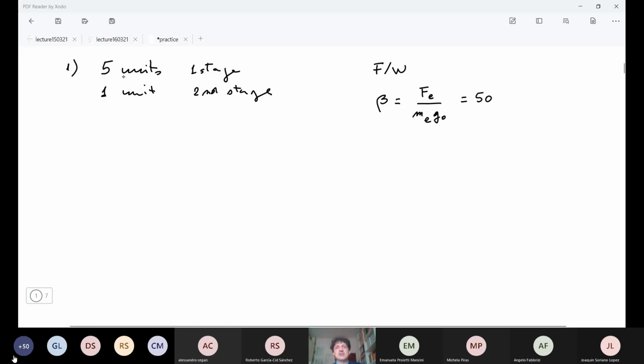You know that rockets feature high thrust-to-weight ratios. We also have an epsilon, the inert mass ratio, of 0.11, and this is true for each stage. Both stages have the same epsilon, 0.11, and can also be considered to have a specific impulse equal to 4,000 meters per second.